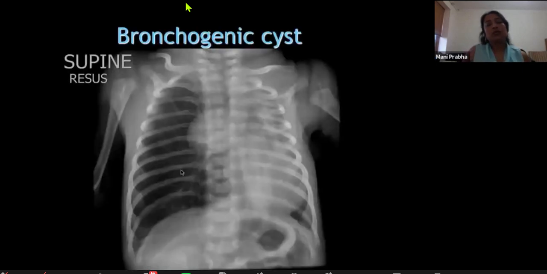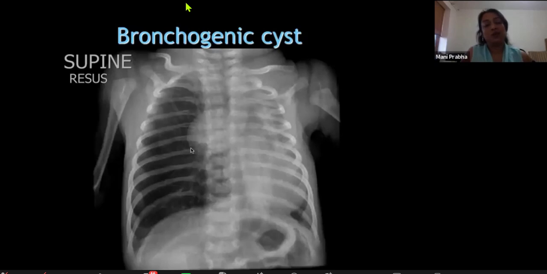So this is a case of bronchogenic cyst. This is the cyst which is there in the mediastinum, and it is compressing the left main bronchus and also expanding the right lung due to ball-valve mechanism. So this is called doing too much actually to the lung.